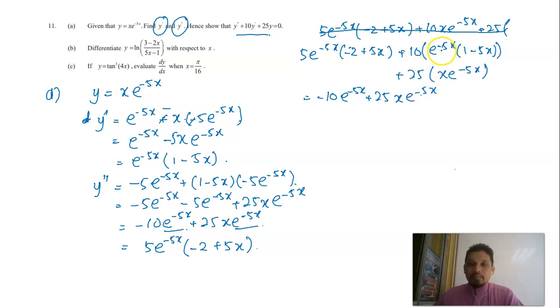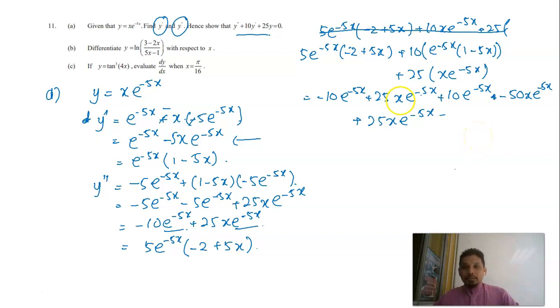Then 10 multiplied with y prime: multiplied with 10, we get plus 10 e to the power of negative 5x, plus 10 multiplied with this, minus 50x e to the power of negative 5x. And then 25 multiplied with y, plus 25x e to the power of negative 5x.